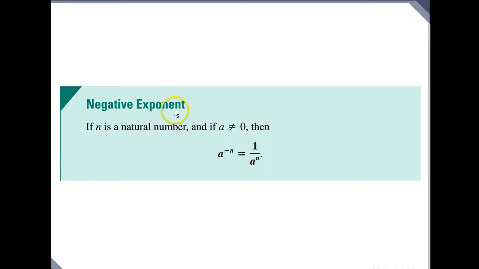Now, negative exponents. Now the rule is, and we mentioned it briefly just a few moments ago, and keep in mind every number is over 1, even though it's not written, that as we take a negative exponent and bring it across this division bar, the sign of the exponent changes and it becomes positive.